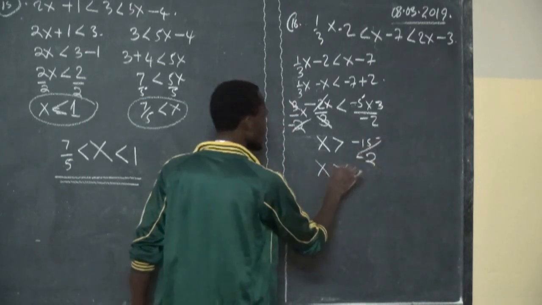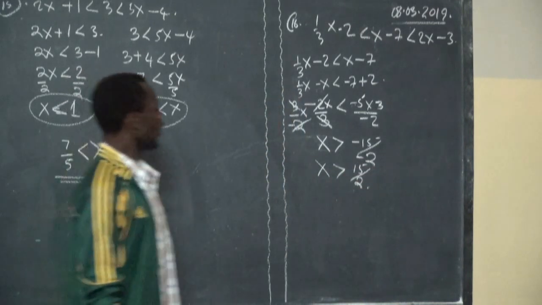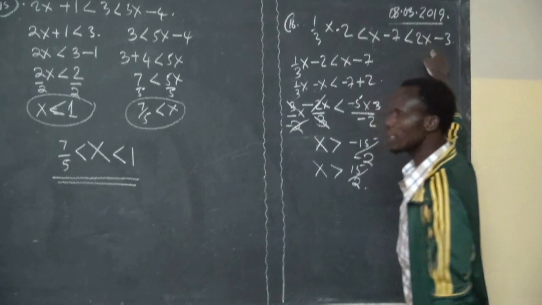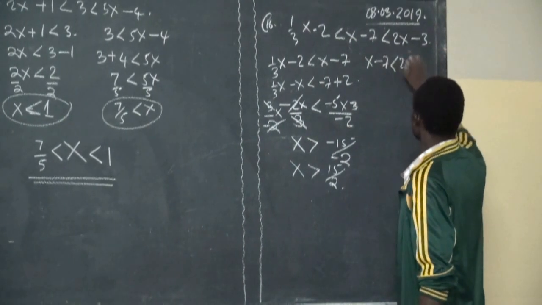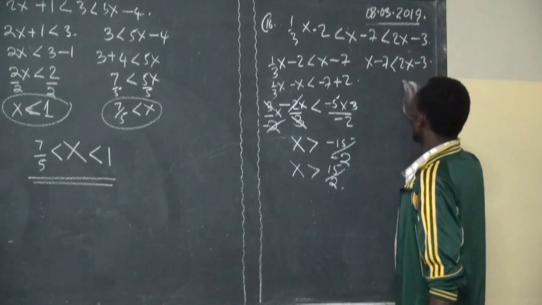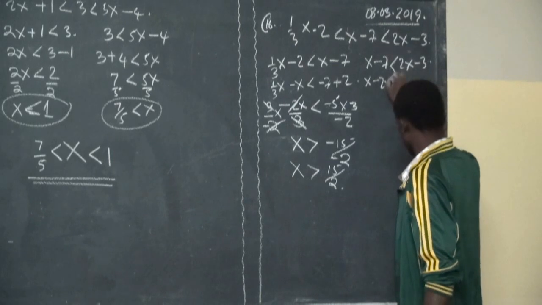Now x will be greater than 15 over 2. Now from there you came back here. Now it is x minus 7 is less than 2x minus 3. Then we have x, this is the positive, negative 2x.